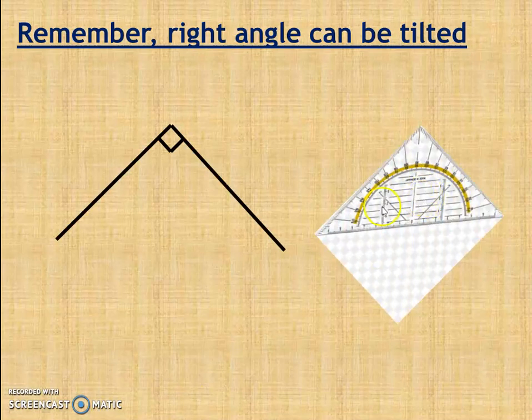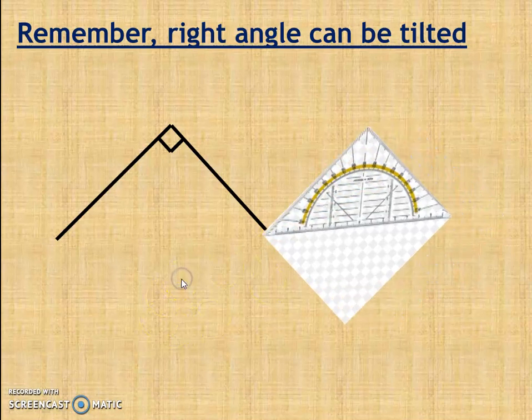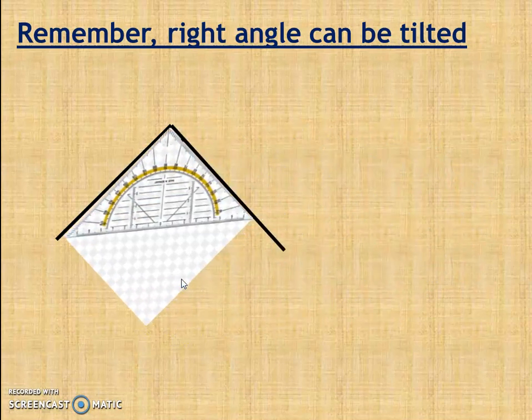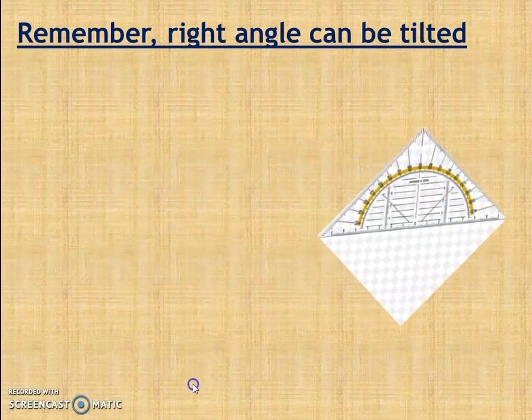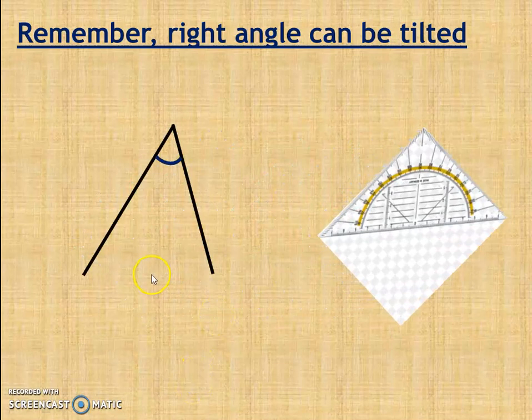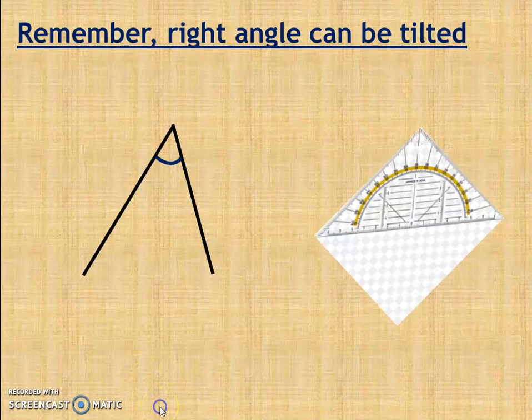You can use a set square to check for a right angle. So let's check this one. Is it a right angle? Let's use the set square to check. Yep, this is a right angle. How about this one? Is it a right angle? Let's check with the set square.